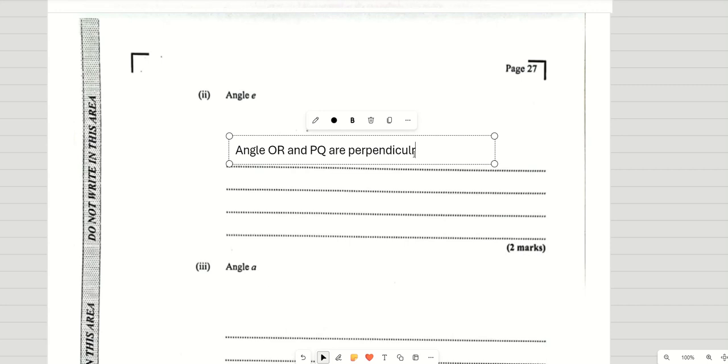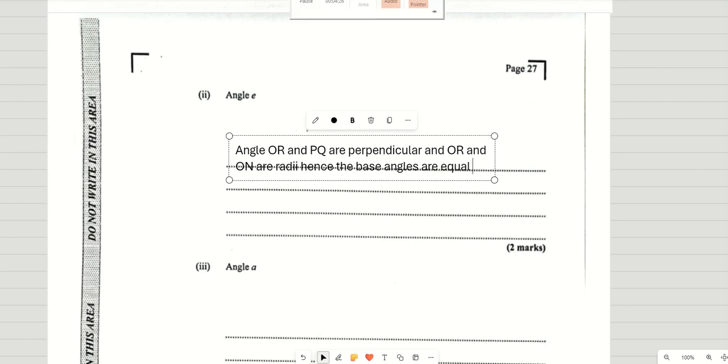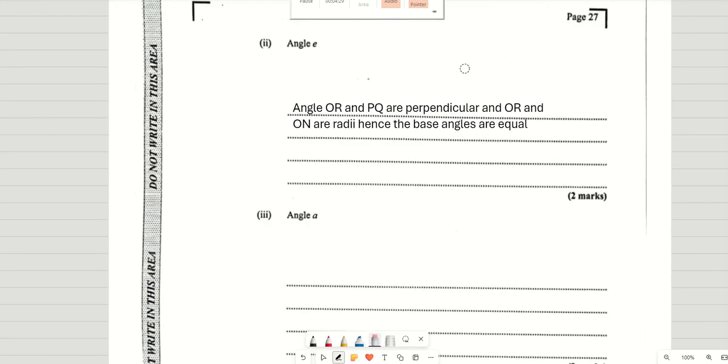And OR and ON are radii, hence the base angles are equal. All right, so those are the two things that we have to use to solve the question.